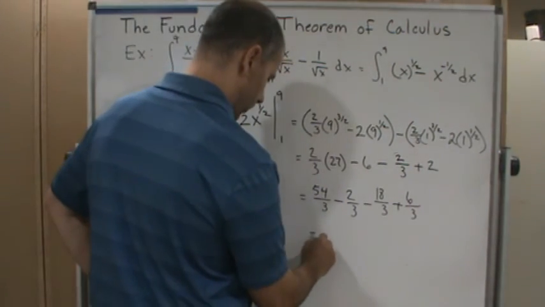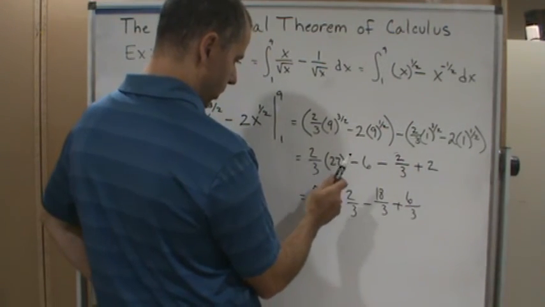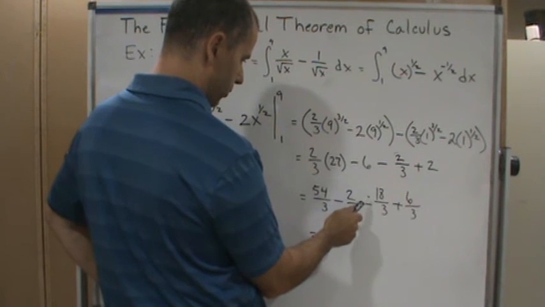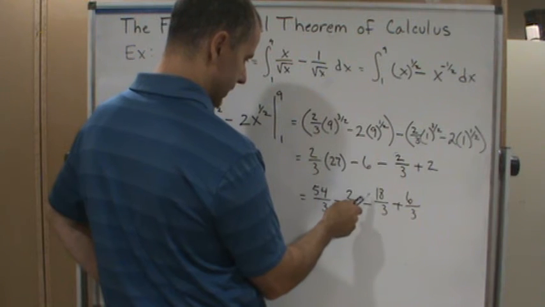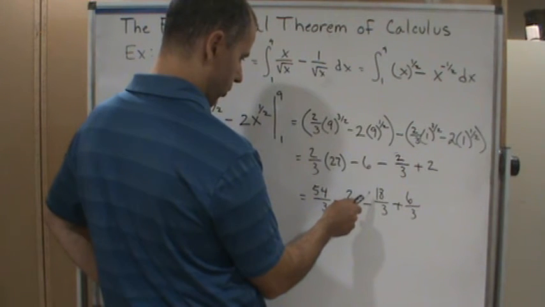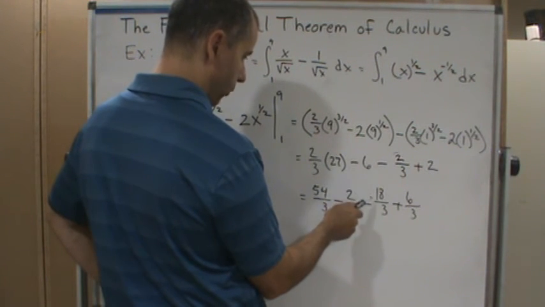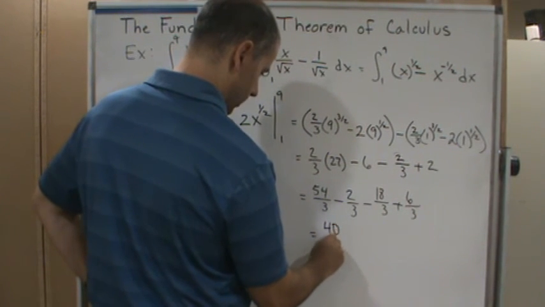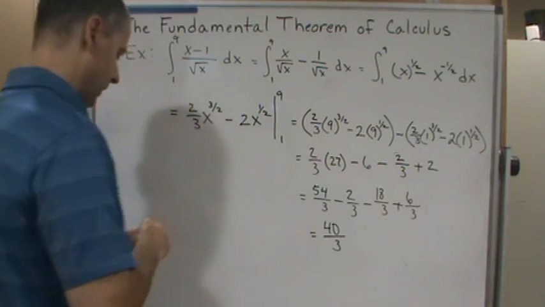Okay, and now what do I get? 54, 52, 42, 34, 40. So I get 40/3. And that's the answer.